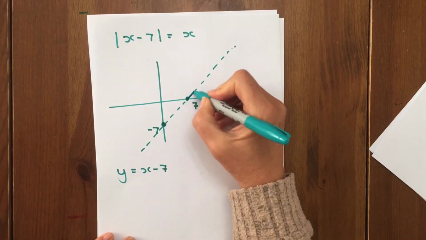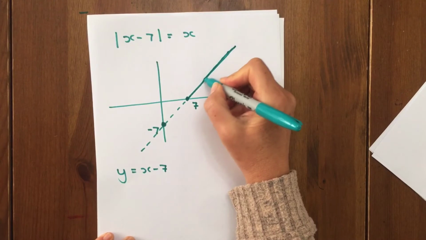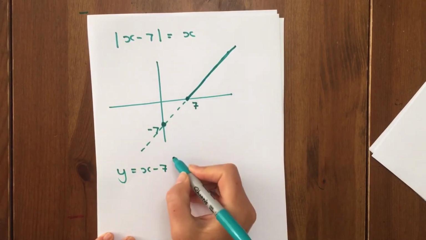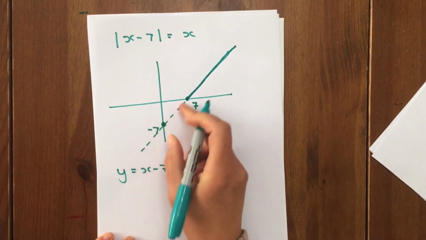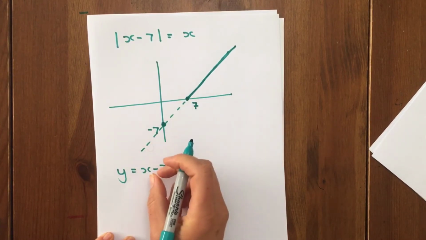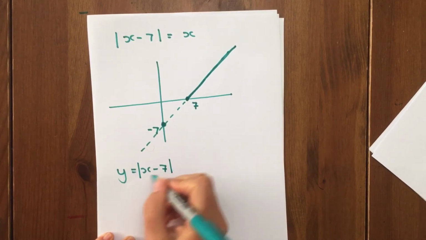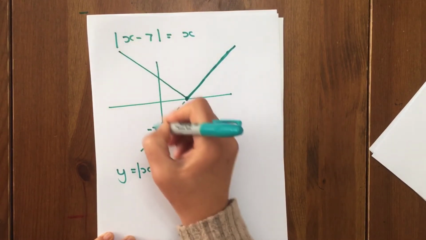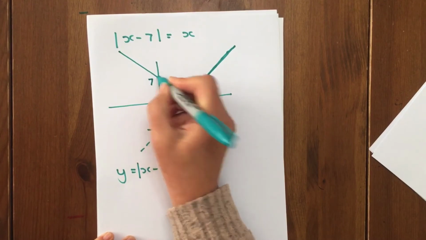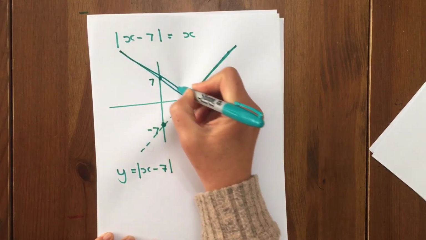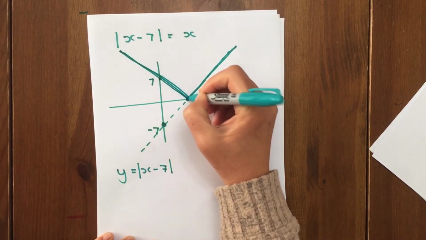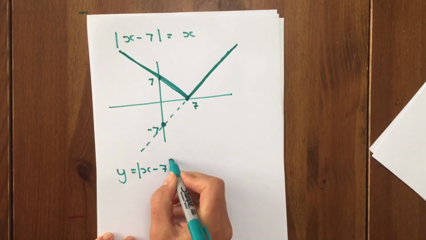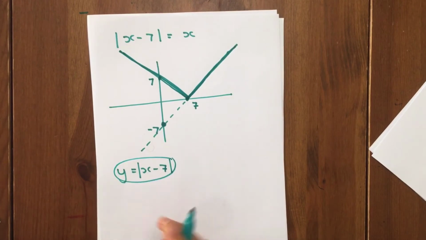Now everything above the x-axis will stay where it is, and all my y values below the x-axis will be negative. So to plot my modulus, I need to make them positive. So my negative 7 will go to 7. So this is my graph of y equals x minus 7.